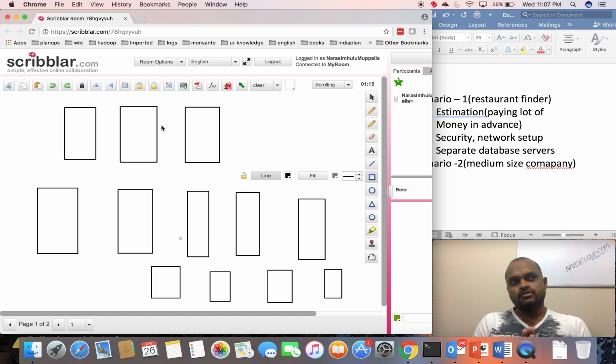Let's take the simple scenario. To run your application, all you need is CPU and network ability, that means a network interface, and hard disk, RAM, right? So that's all you need.